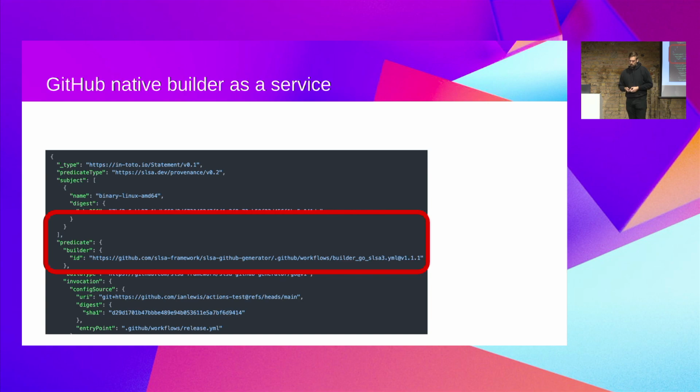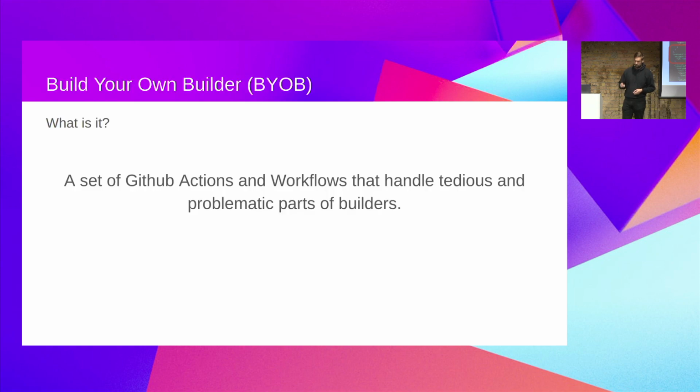So this is just another inclusion in the provenance of the builder that you use to build your software project. So at a high level, one-liner, what is Build Your Own Builder?